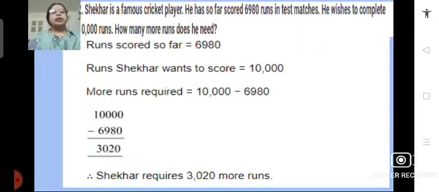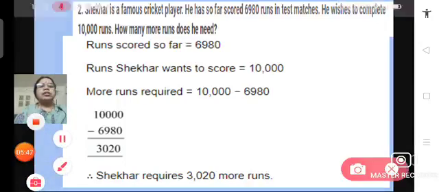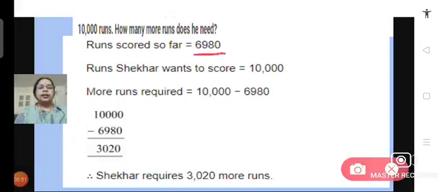Shekhar is a famous cricket player. He has so far scored 6,980 runs in test matches. He wishes to complete 10,000 runs. How many more runs does he need? So the runs he scored so far are 6,980, but he wants to score 10,000.